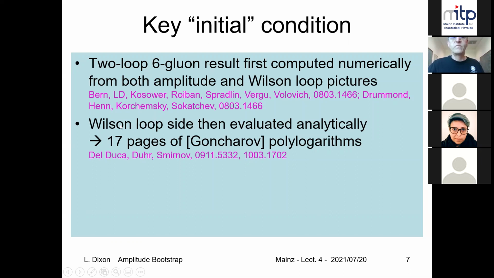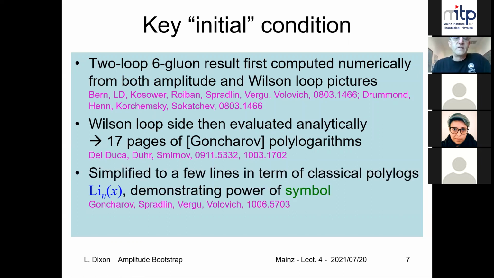So that was evidence for a unique dual conformally invariant remainder function for this non-trivial kinematics. Then the Wilson loop picture was used to evaluate the entire expression analytically. At first, this was in terms of a large number of weight four G functions. Then the symbol and this kind of coproduct type analysis terminating in the symbol was applied to that expression.